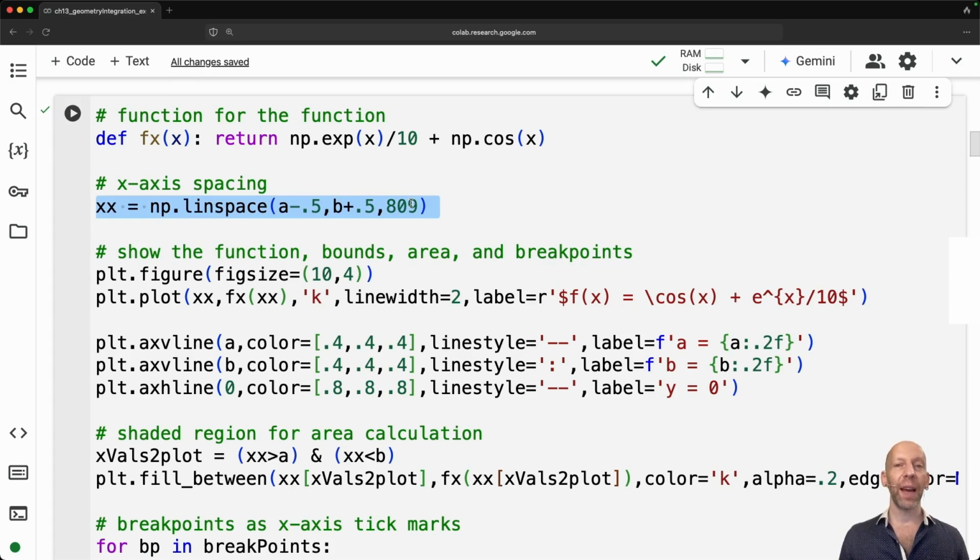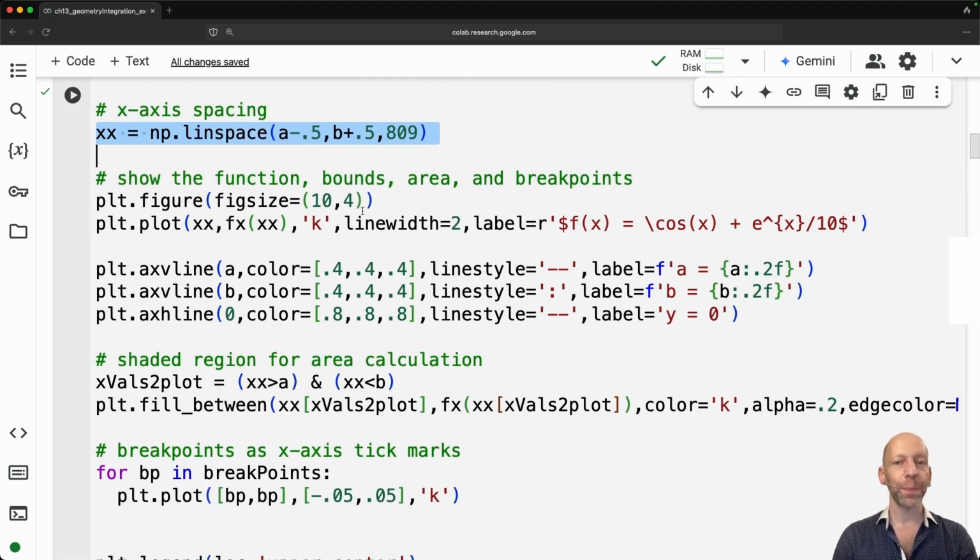So we often have different x-axis resolutions for calculations versus visualization. That's a key idea here.